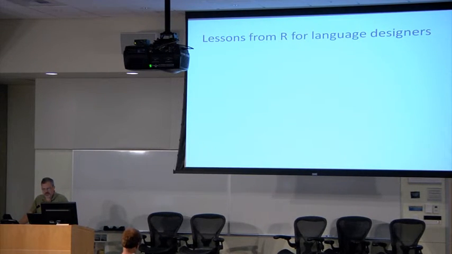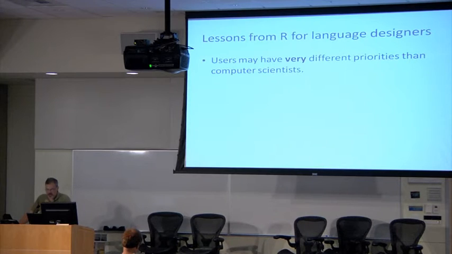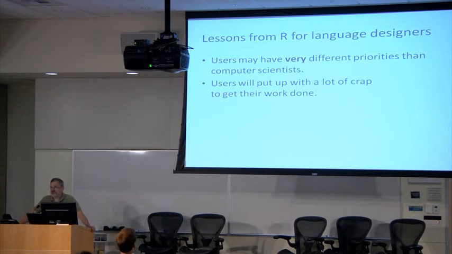Okay, so some lessons from R. Users may have very different priorities than the computer scientists or vendors creating tools for them. Users will put up with a lot of crap to get their work done.